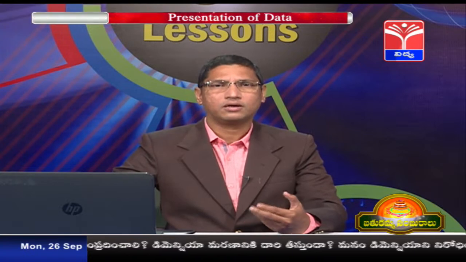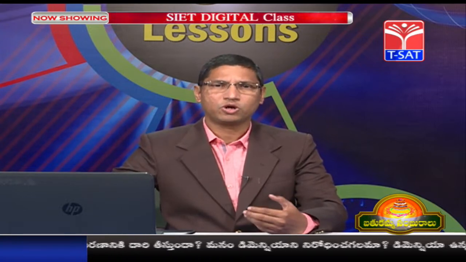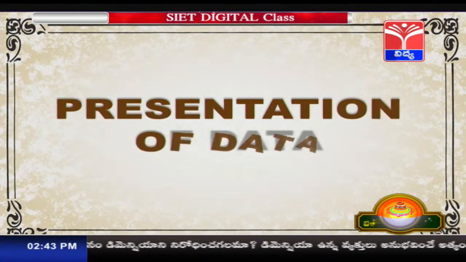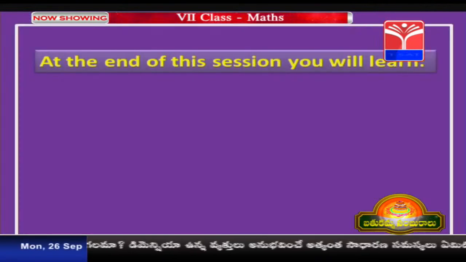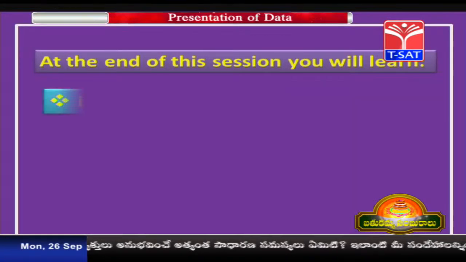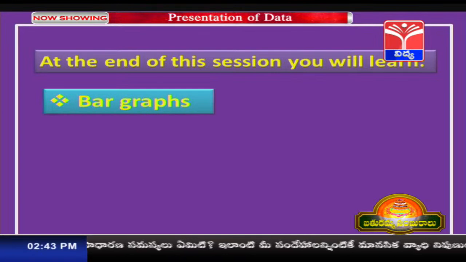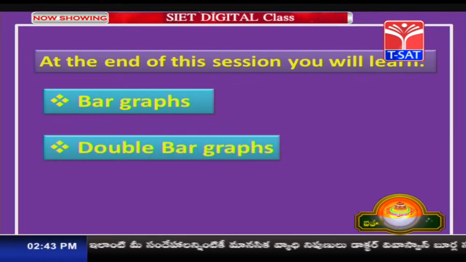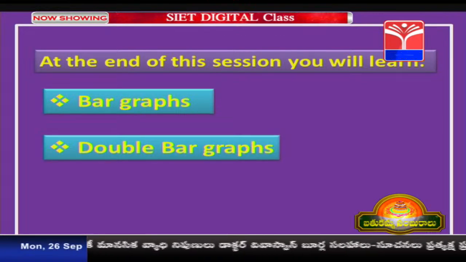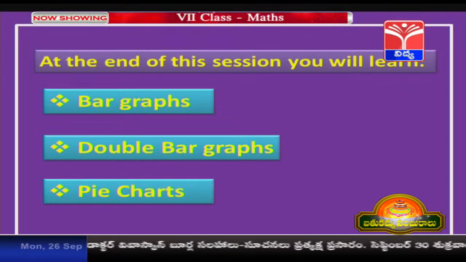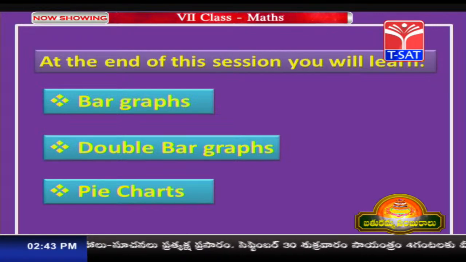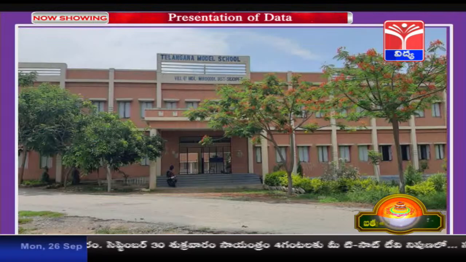We are going to learn to draw these images in our topic, presentation of data. At the end of this session, you will learn drawing bar graphs, drawing double bar graphs and also constructing pie charts.